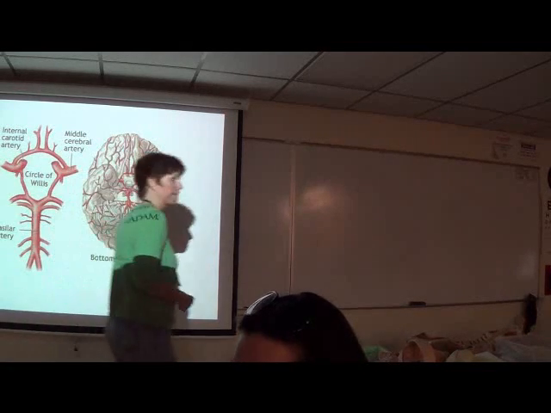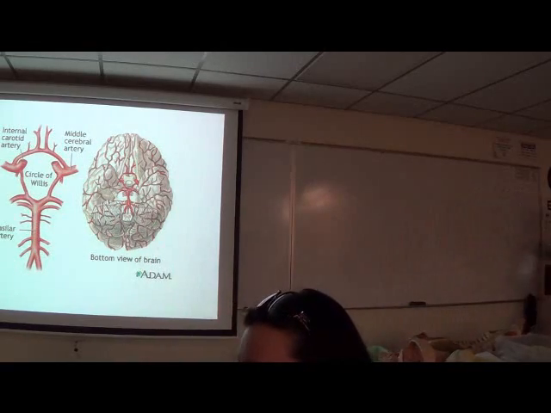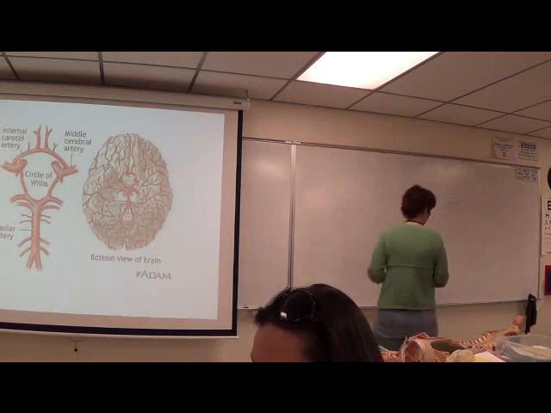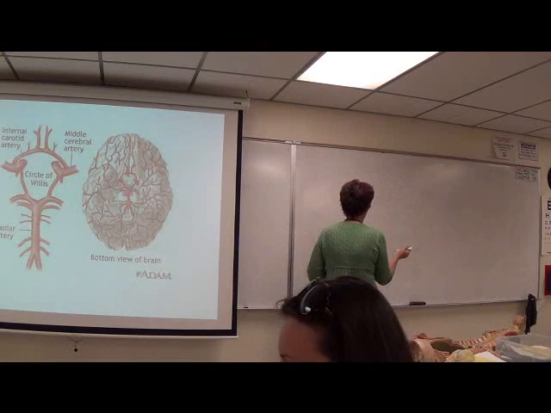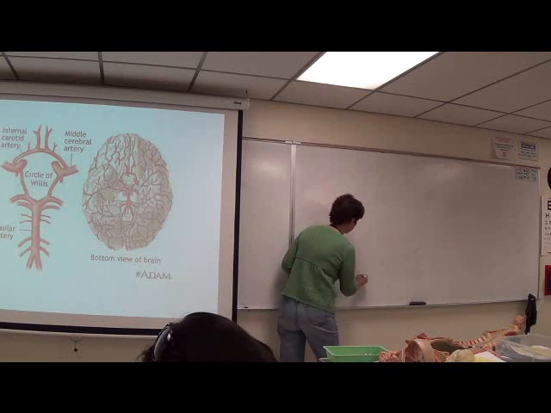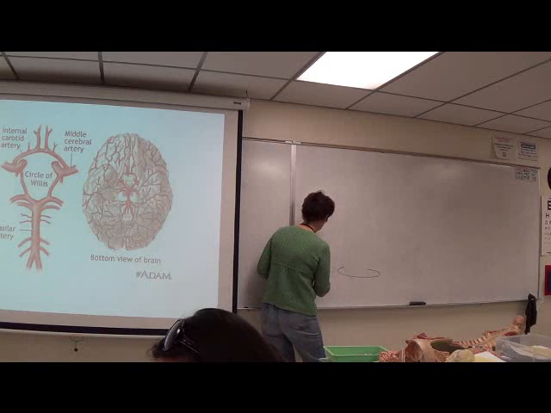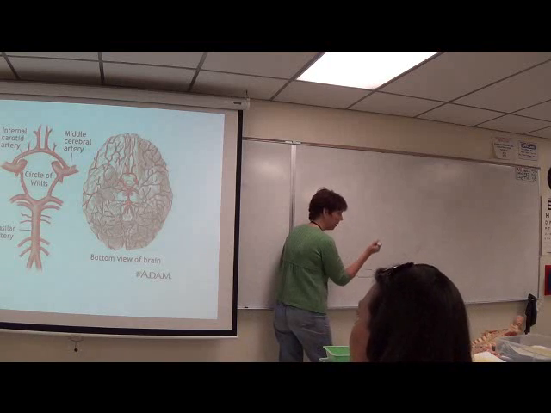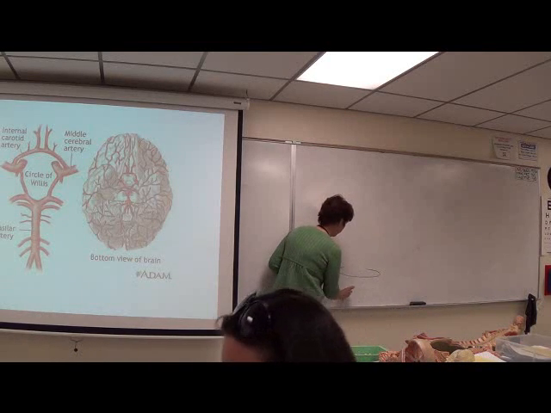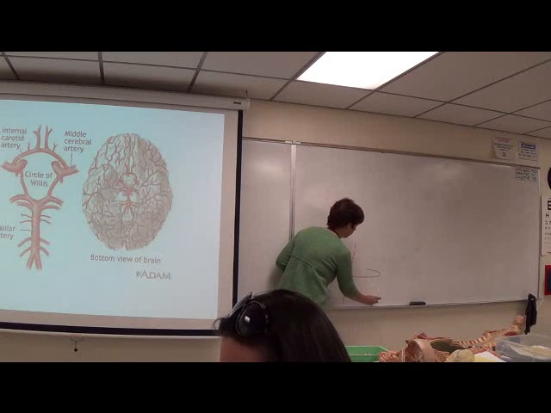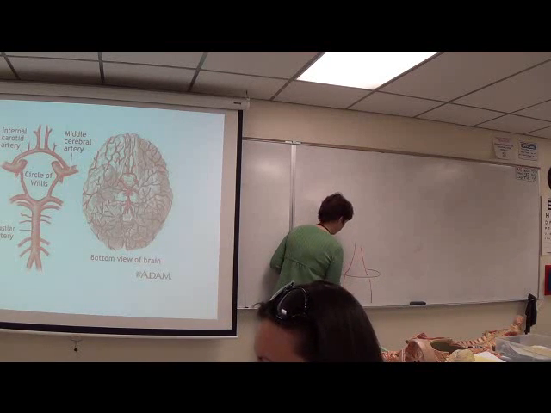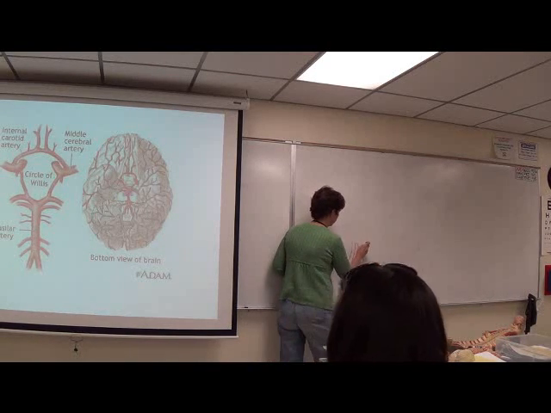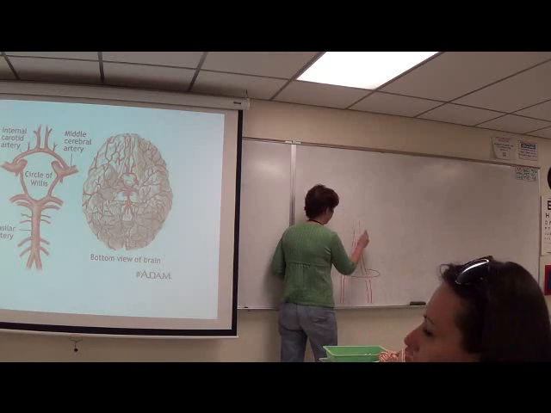Let's draw this on the board. And I'm going to start with the vertebral artery. So the vertebral arteries come up through the foramen magnum. And on the surface of the brainstem, on the medulla, they're going to join together and form a common vessel.